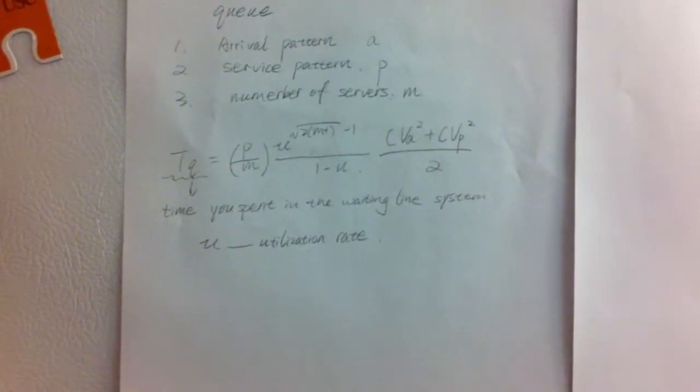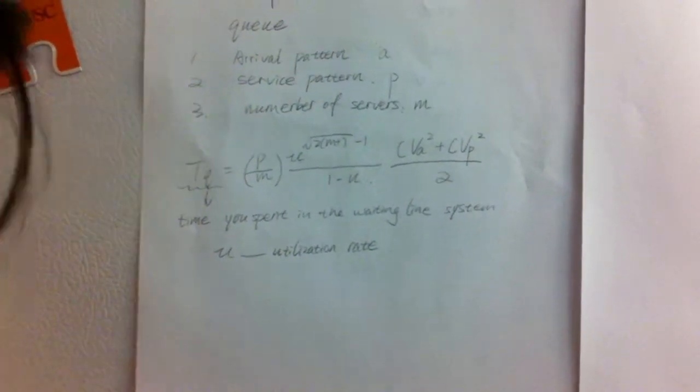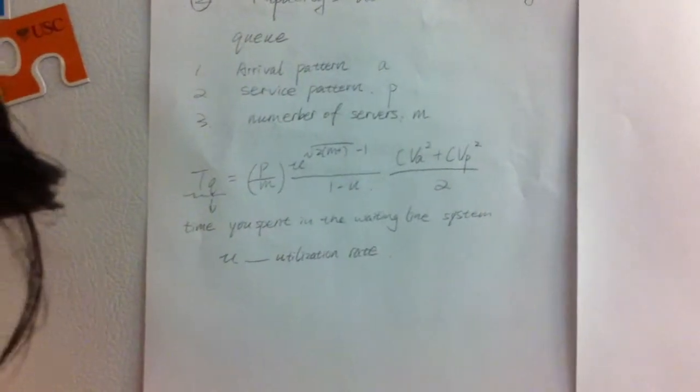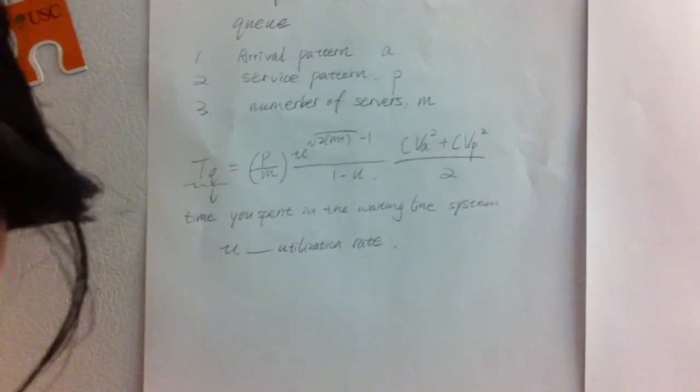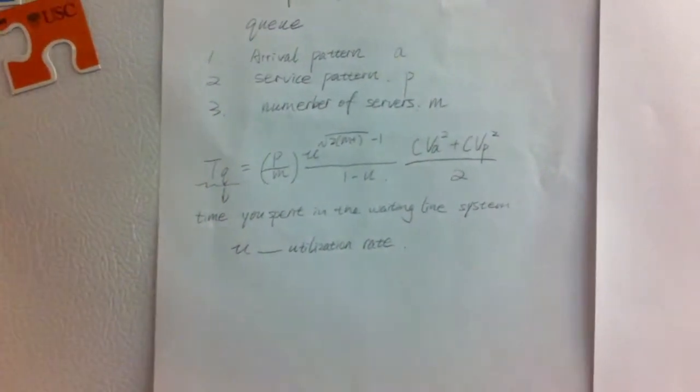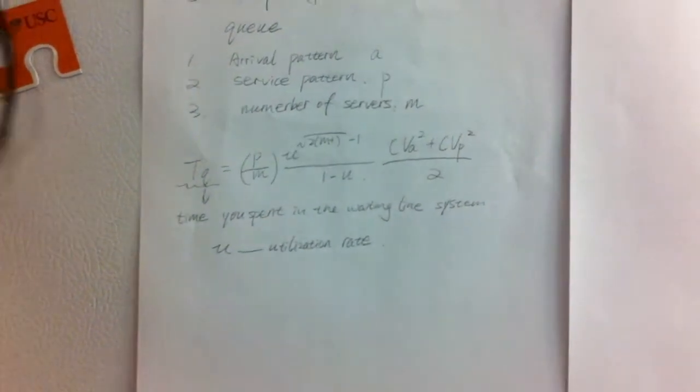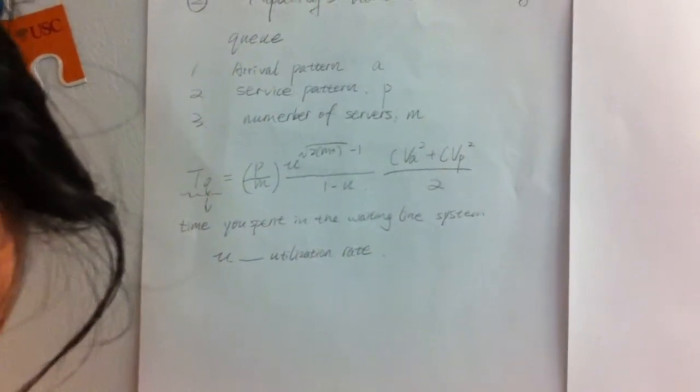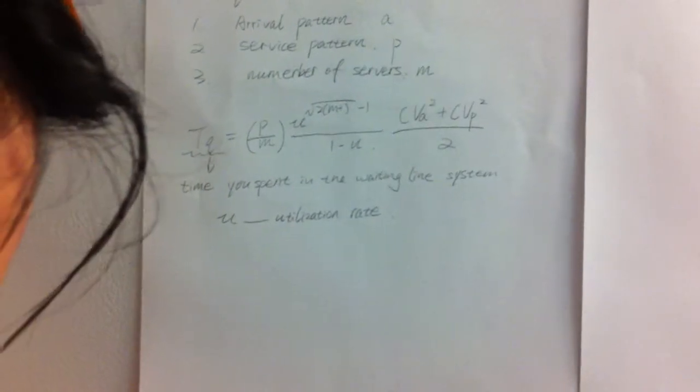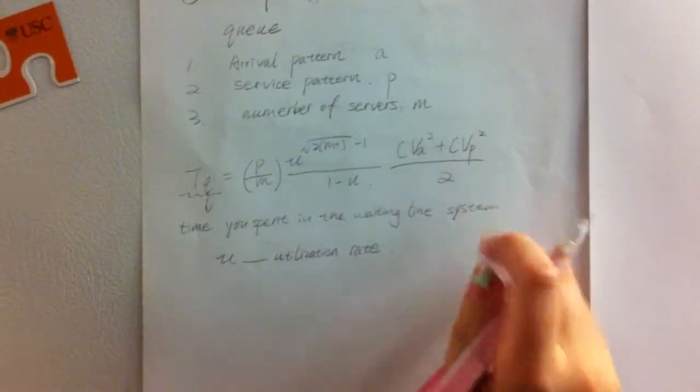This could be a utilization rate. CVA is called the coefficient of variation of the inter-arrival time.